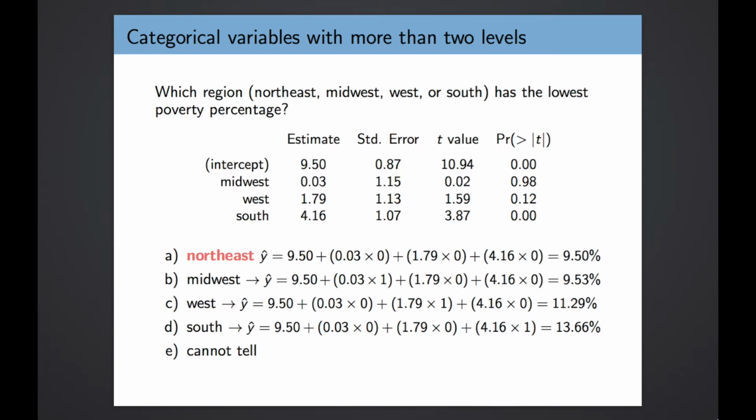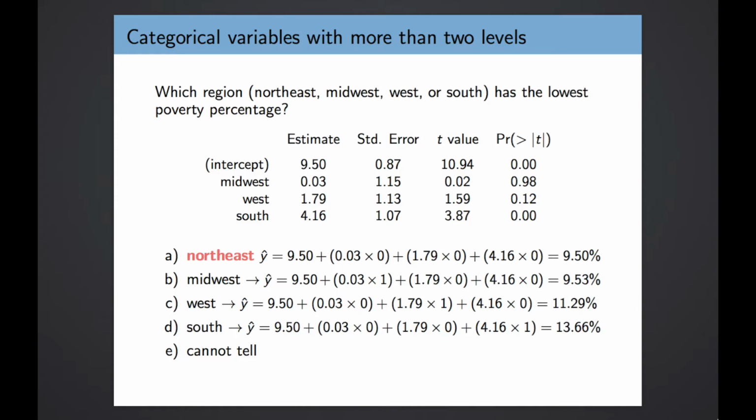So the answer is that states in the Northeast have the lowest predicted poverty percentage. So we can go through this by solving out this linear regression equation to find our predicted values for different values of the independent variables in the model. So we have different slope coefficients for each of the independent variables that we included.